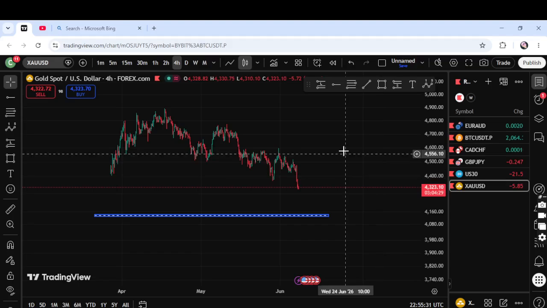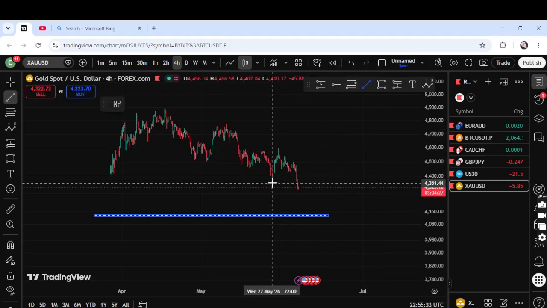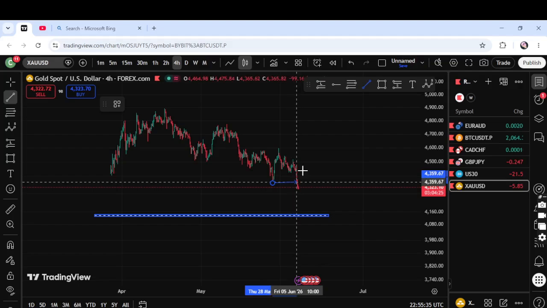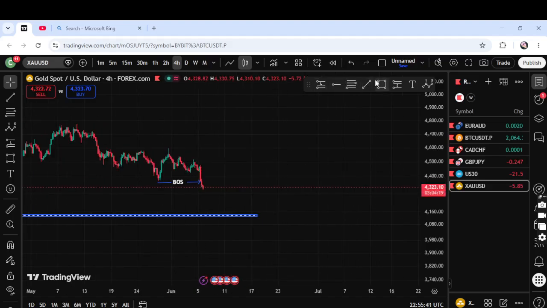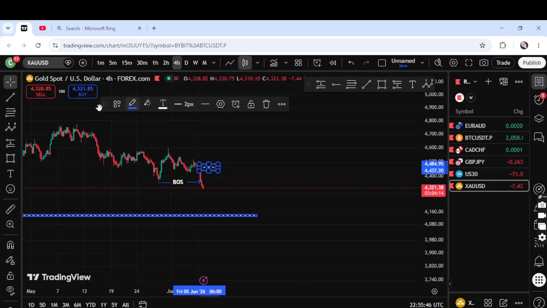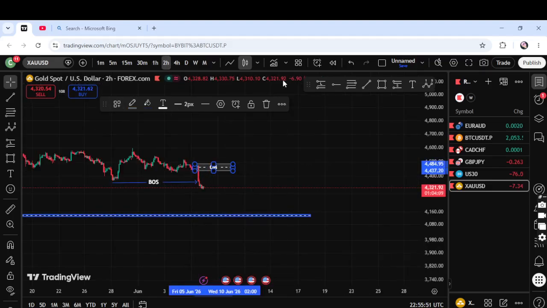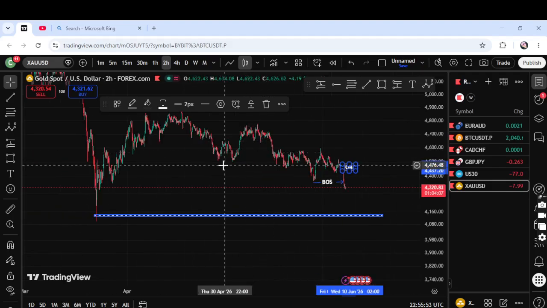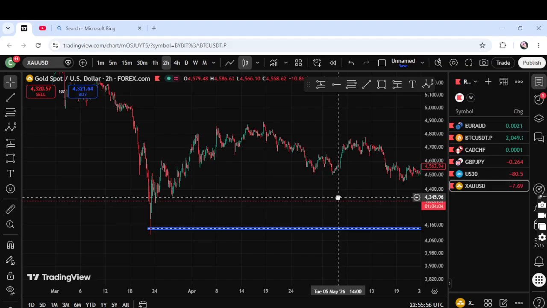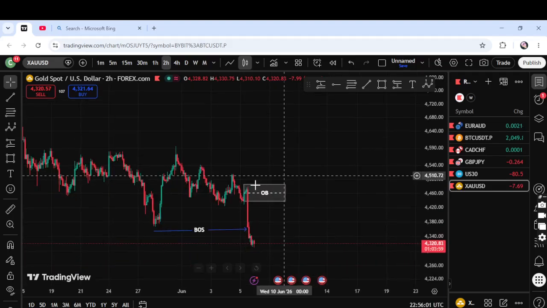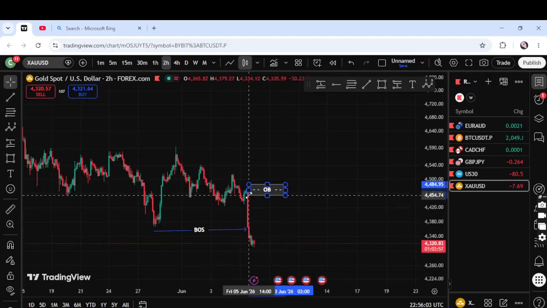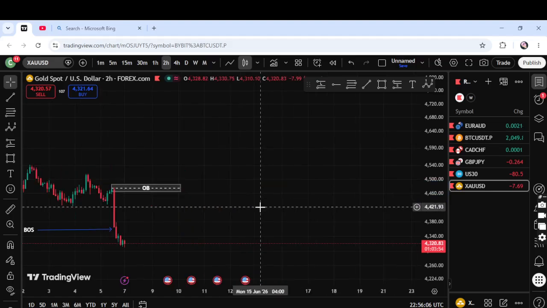But before the Europeans will come back and continue, you have a break of structure here to the downside. So you have another block here. So we'll move to the 2 hour time frame. Break of structure here.